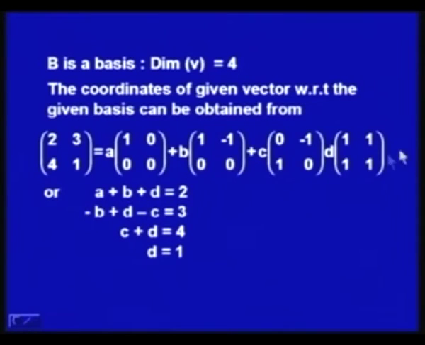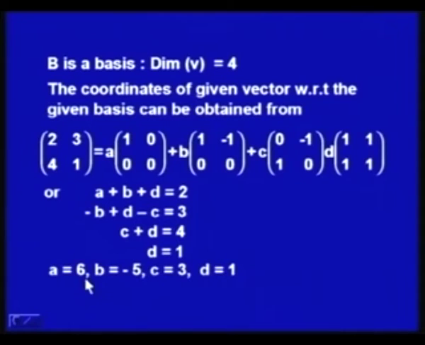If we solve it, the equations are A plus B plus D equal to 2, then minus B plus D minus C equals 3, then C plus D equal to 4, and D is equal to 1. So, these are 4 equations and they can be solved simultaneously.